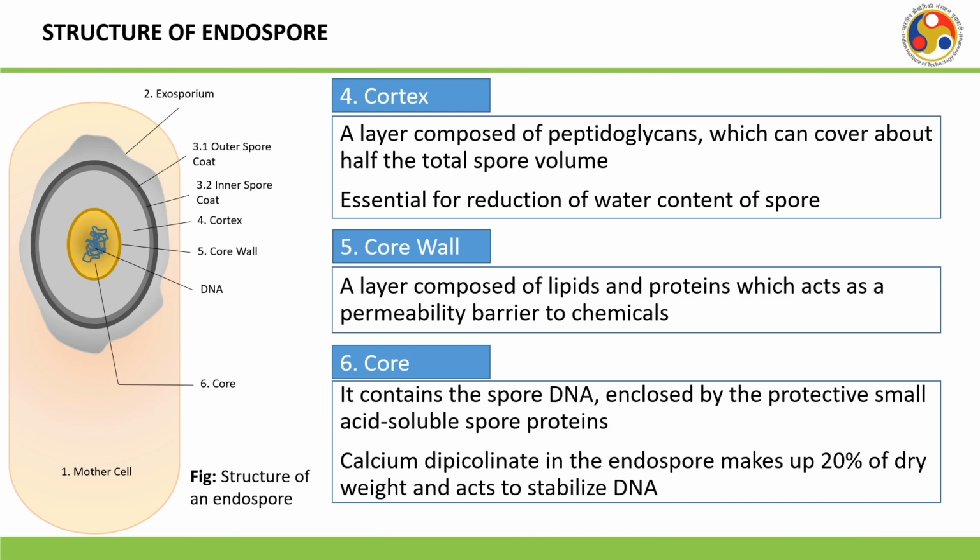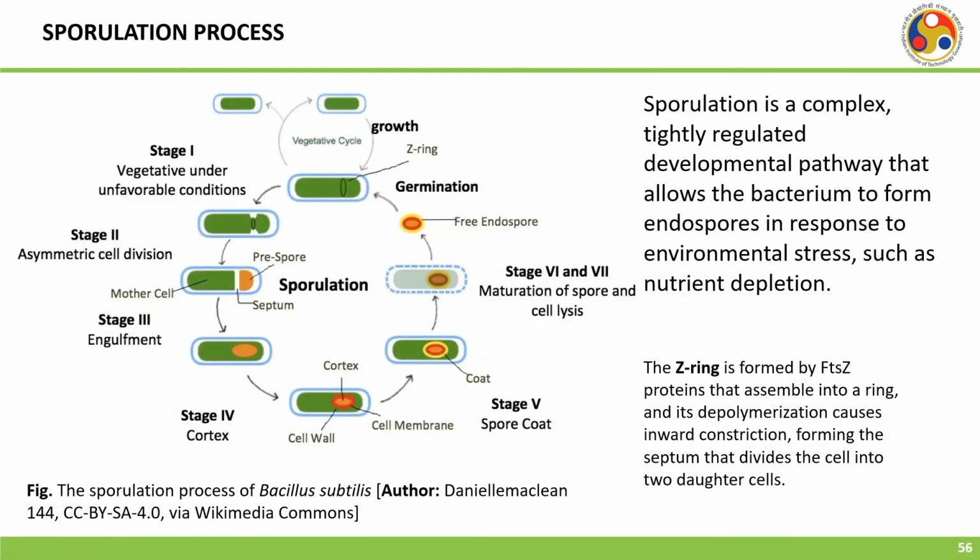And then we have the core, which contains the spore DNA enclosed by the protective small acid-soluble spore proteins. Calcium dipicolinate in the endospore makes up 20% of dry weight and acts to stabilize the DNA inside.